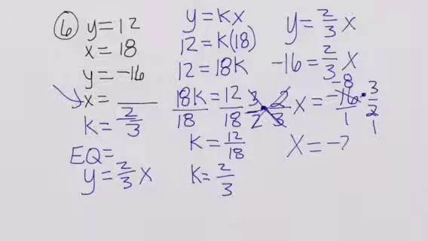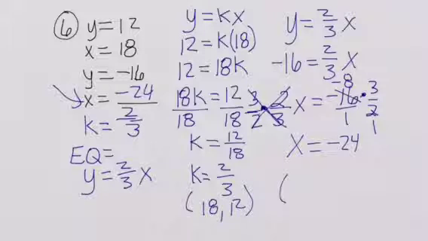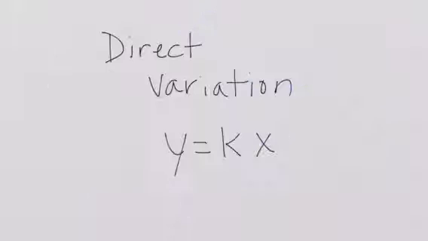So x is going to be negative 24. So the two ordered pairs that we have are 18, 12, and negative 24, negative 16. And that's how you use the direct variation equation.